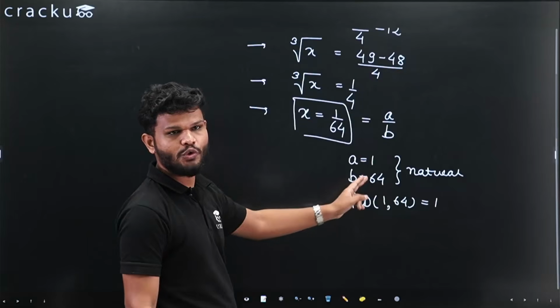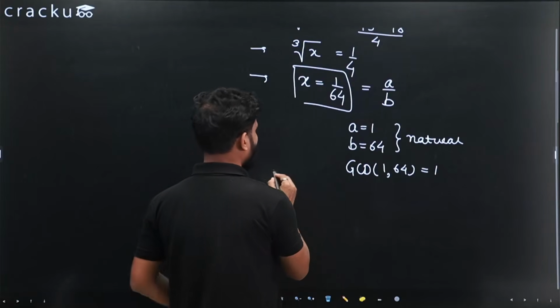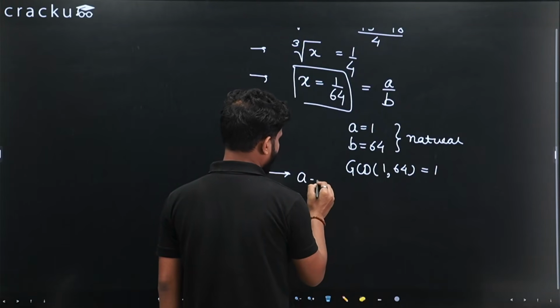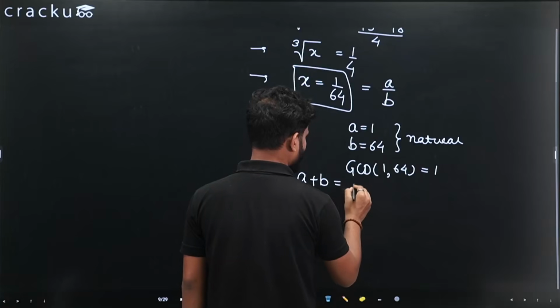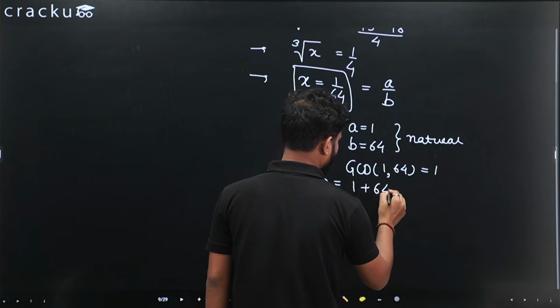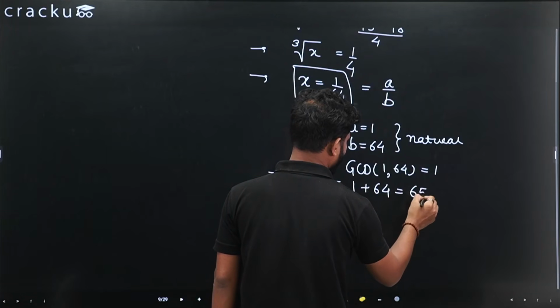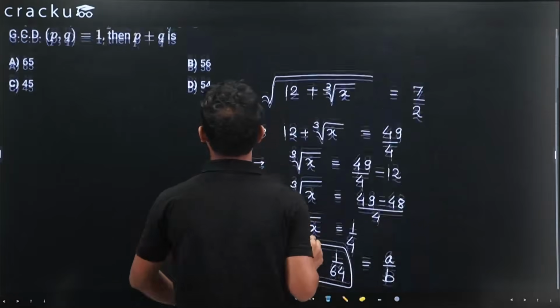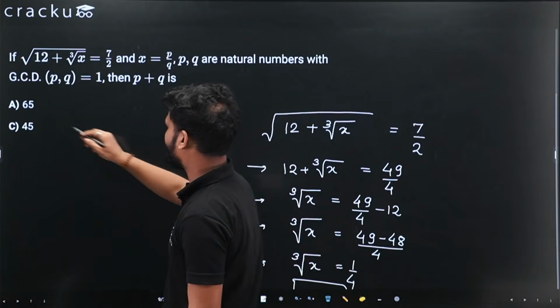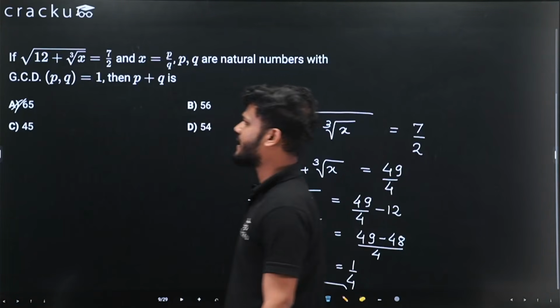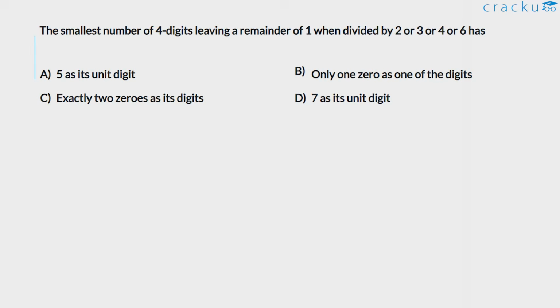So p is equal to 1, q is equal to 64. What you need to find? You need to find p plus q. So this is 1 plus 64, which is 65. Hence, answer to this question will be 65. So option A is the correct answer.